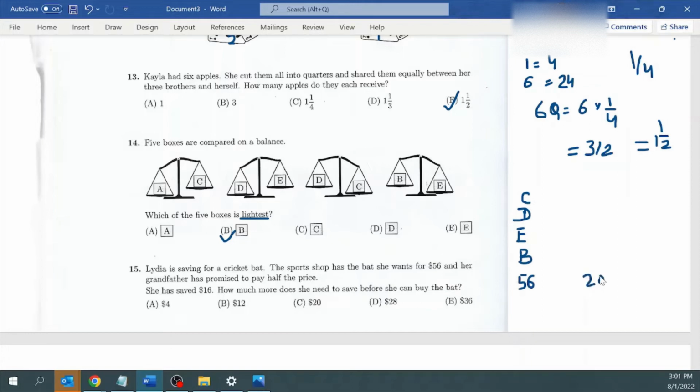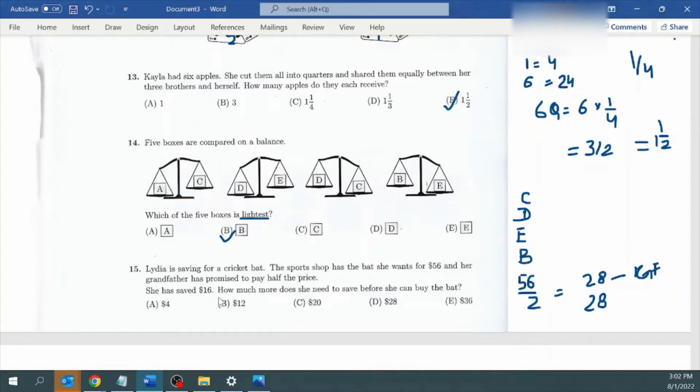Half of 56 is 28, which you can do by dividing. So 28 plus 28 will make 56. 28 would be given by the grandfather. And what we are left with is $28 that Lida has to pay herself.